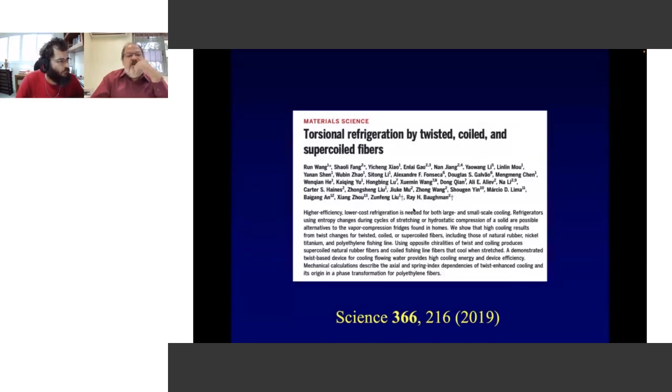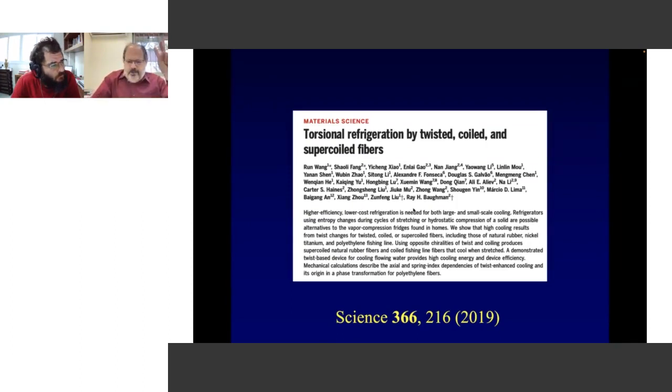This effect, it was published in Science in 2019, that's what we call partial refrigeration by twisted coil and supercoil fiber. The simulation was used to estimate the change. Then you combine analytical models with molecular dynamics simulation to estimate the change in entropy for the polyethylene phase.